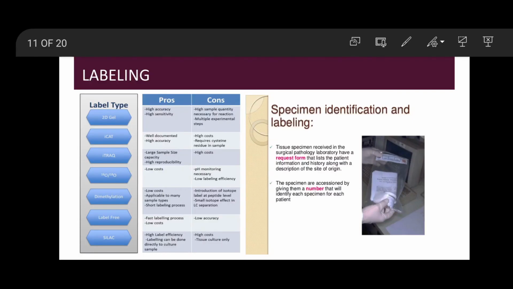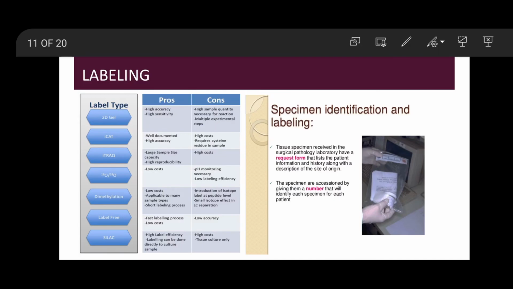The last but not the least is, of course, one of the most important steps: labeling. You have to make sure that you properly label the tissue section from the fixation part until this labeling step that is ready for reading by the pathologist.